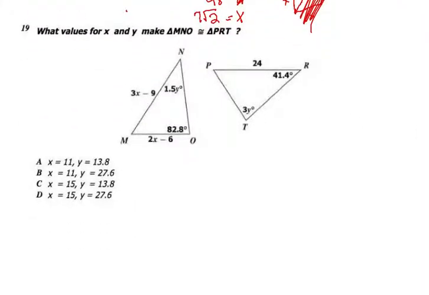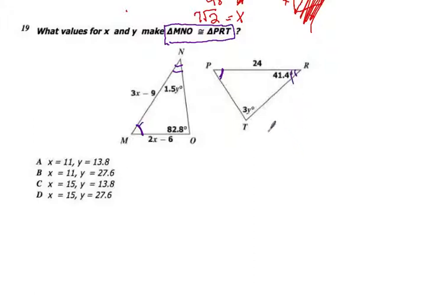Now we have a congruent figure, and notice that they're switching these back and forth on you. They're going from similar to congruent, back to similar, back to congruent. You've got to read this. So angle M is congruent to angle P. Angle N is congruent to angle R, and then our two blank ones.